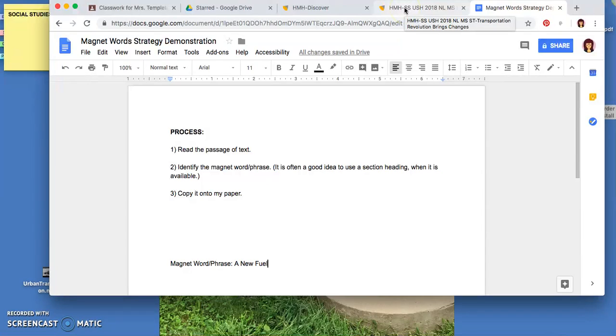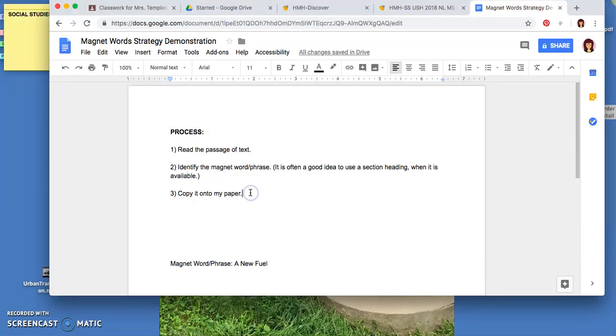If there's no heading, you may just pick what you think is the main topic of the passage. Students have been sharing many different ones, and unless you choose a word like the, you're probably not going to go too wrong. But I think when there is a heading, it's a good idea to use that.